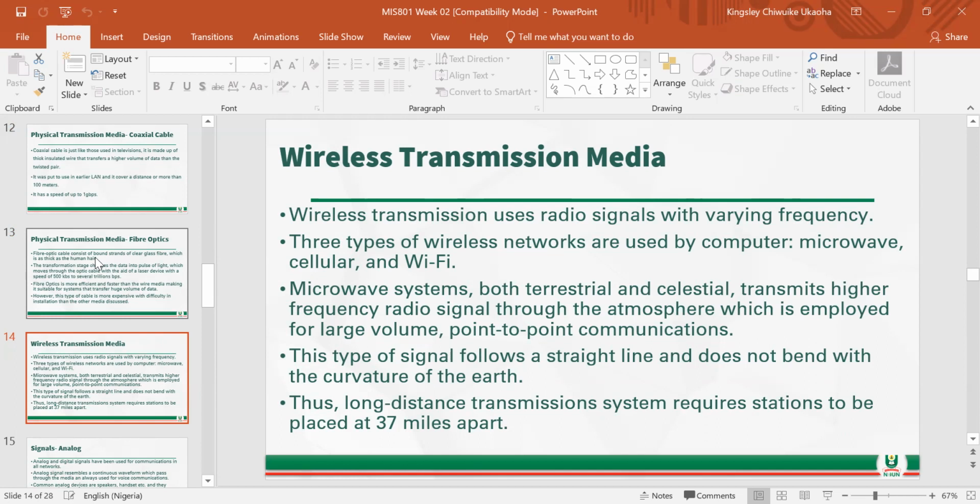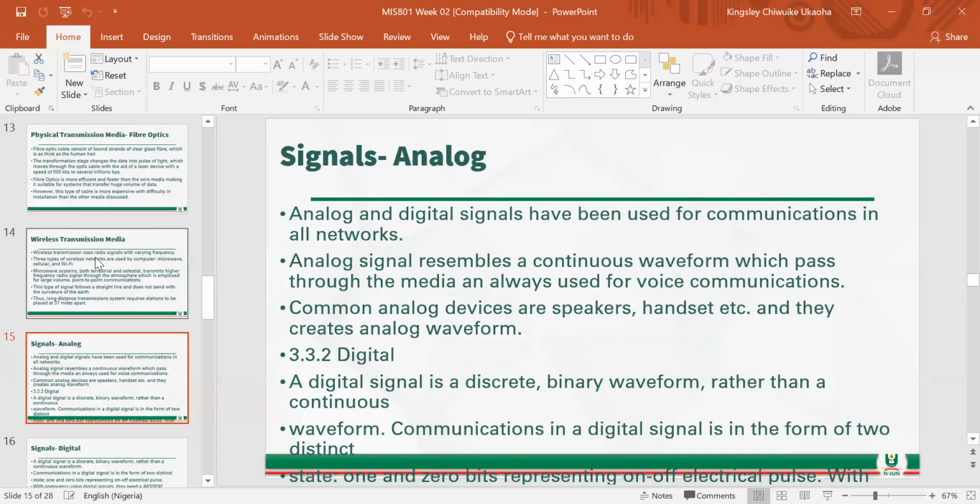If you really look at them, they are placed with the antennas facing each other, so this one will collect the information and send it to the next one easily. This type of signal follows a straight line and does not bend with the curvature of the Earth, so a long distance transmission system requires stations to be placed 37 miles apart.